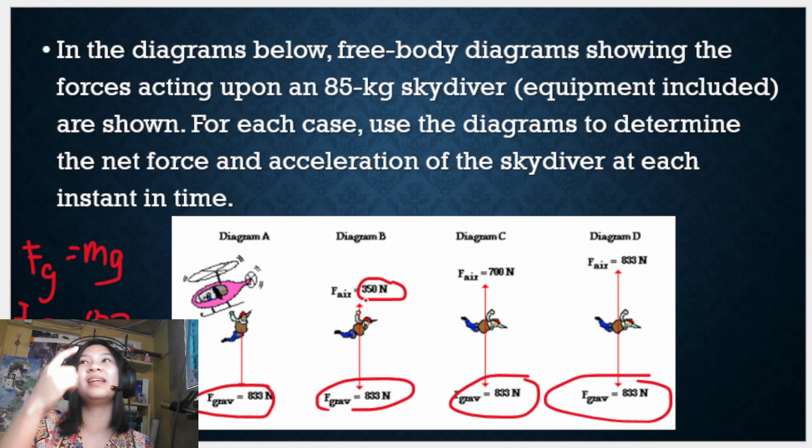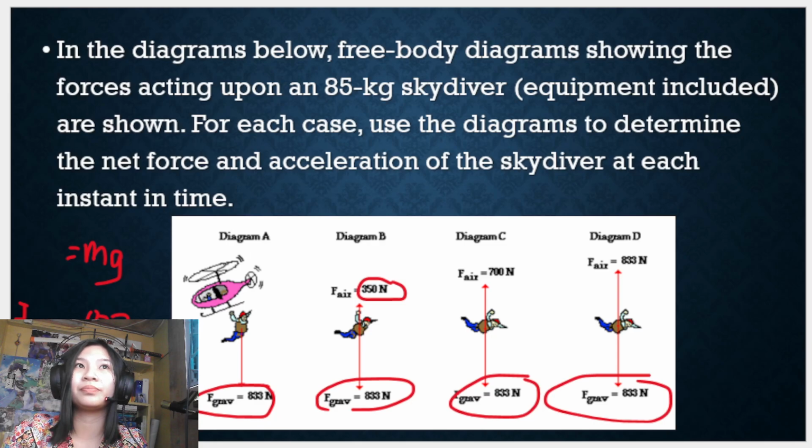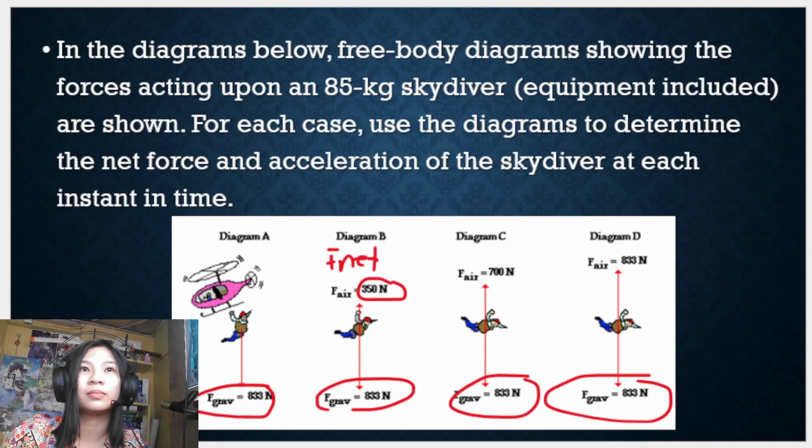So, since nagpares naman sila, malahi na imuhang net force. So, if in diagram A, your net force is 833 kay si FG raman ang imuhang force, in diagram B, your F net will be 483.